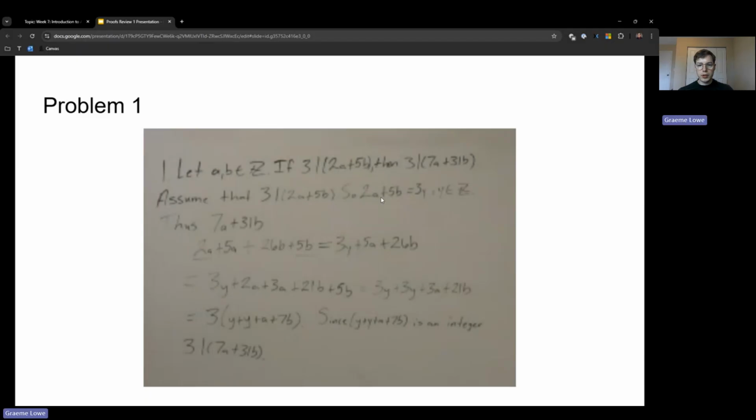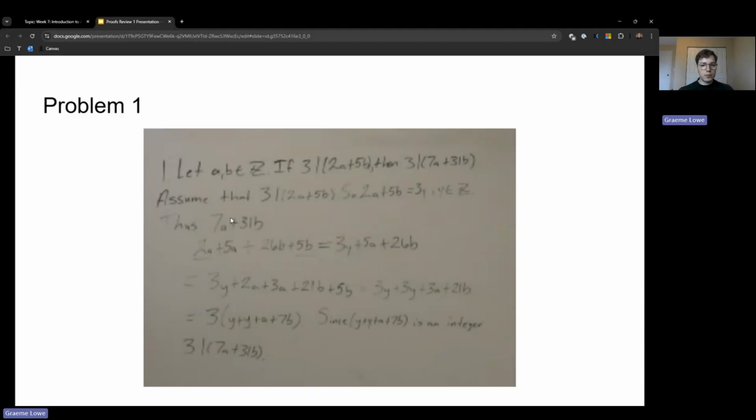So 2a plus b equals 3y, where y is some integer. That's just a different way of writing it to say that 2a plus b is divisible by 3, or 3 multiplied by some integer y is equal to 2a plus b.